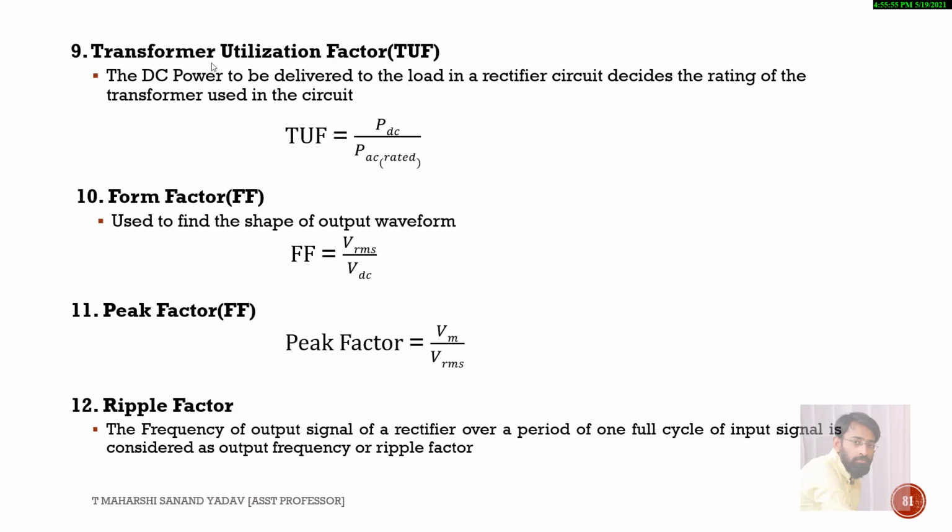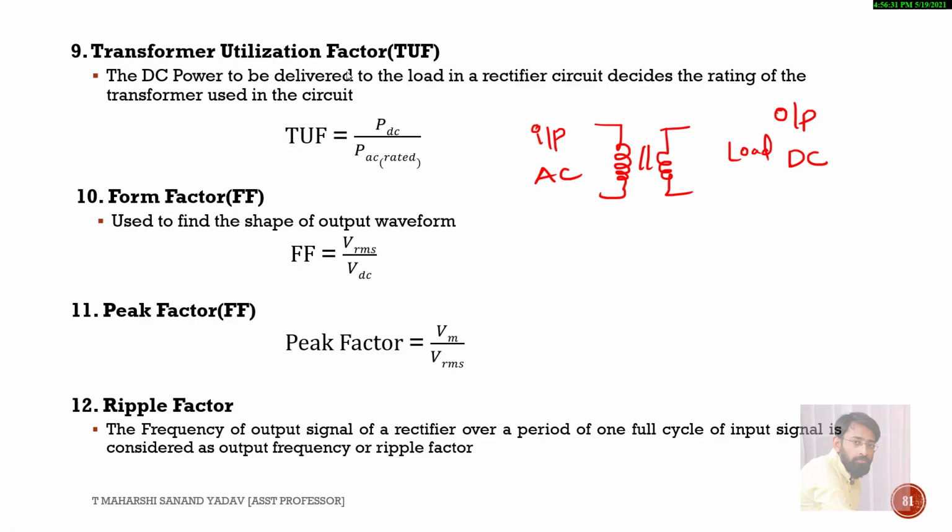The next parameter is transformer utilization factor. The DC power to be delivered to the load in a rectifier circuit decides the rating of the transformer used in the circuit. We know that input is an AC quantity and the output that we want is DC. Of the AC input that I apply, how much is consumed by the transformer and how much is delivered to the load is decided by the TUF, transformer utilization factor.